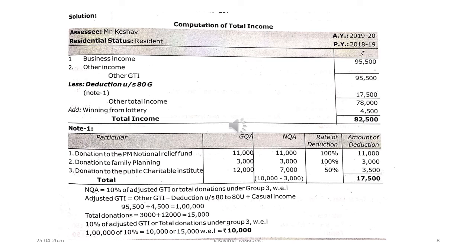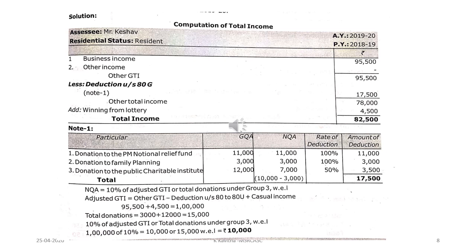So 10,000 is less. Out of this 10,000, first you have to subtract 100% eligible. 100% eligible is 3,000, that is family planning. So 100% you give, and in the amount of deduction column you can see 100% of 3,000 we have straight away taken. So out of 10,000 you have already subtracted 3,000.